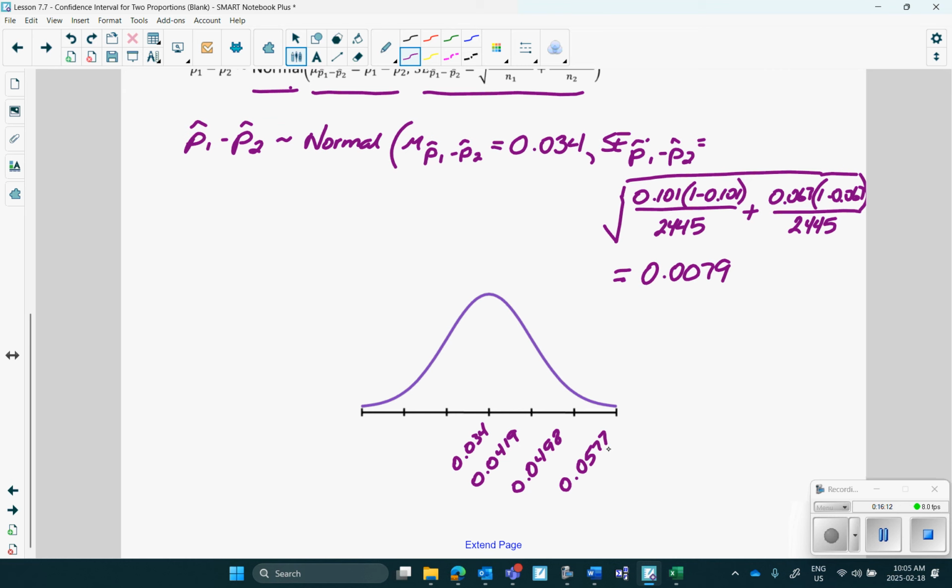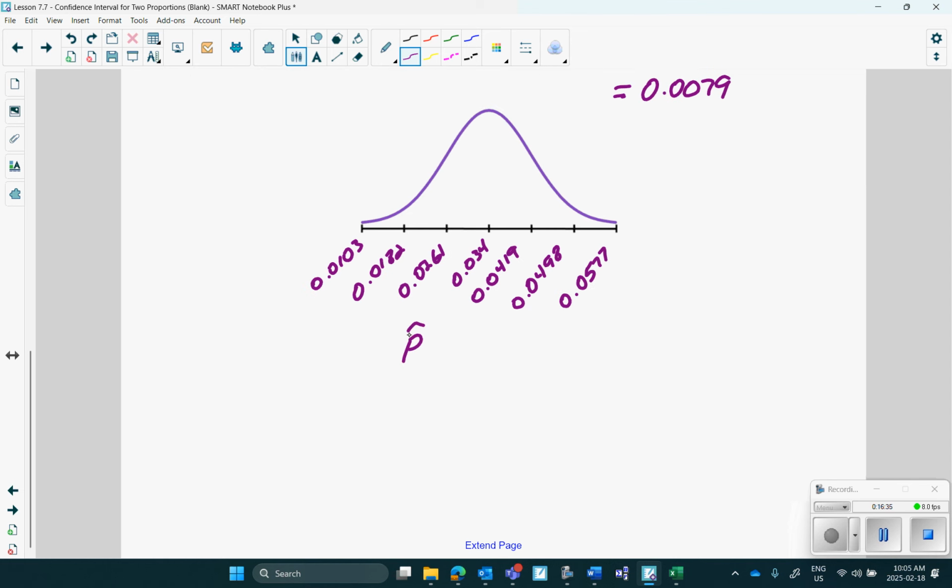And then we're going to get 0.0261, 0.0182, and 0.0103. And remember, this represents if we pulled several samples and then found the first proportion, commonly white names, minus the second proportion, commonly black names.